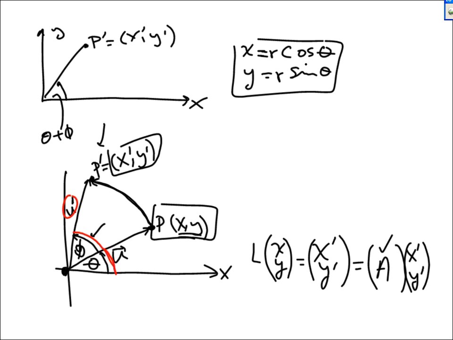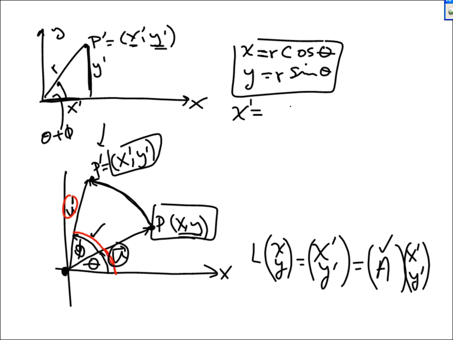And if I drop this, since that's y prime, then this length is y prime, and this is x prime. And the radius, the length of vector u prime, is the same as the length of vector u, which I'm claiming is r.